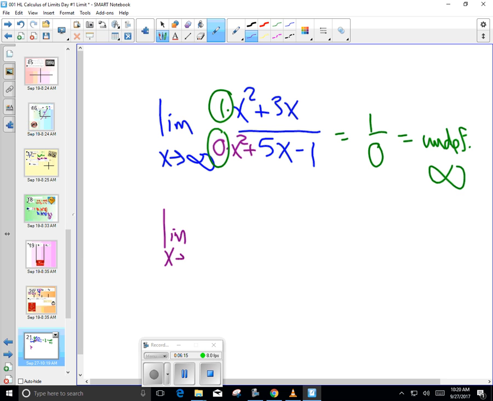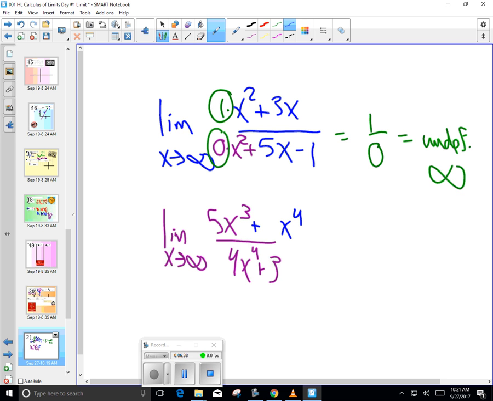Limit as x approaches infinity of 5x cubed over 4x to the 4th plus 3. Okay? Match the greatest exponent of x. In this case, the greatest exponent of x is x to the 4th. Match it on the top.